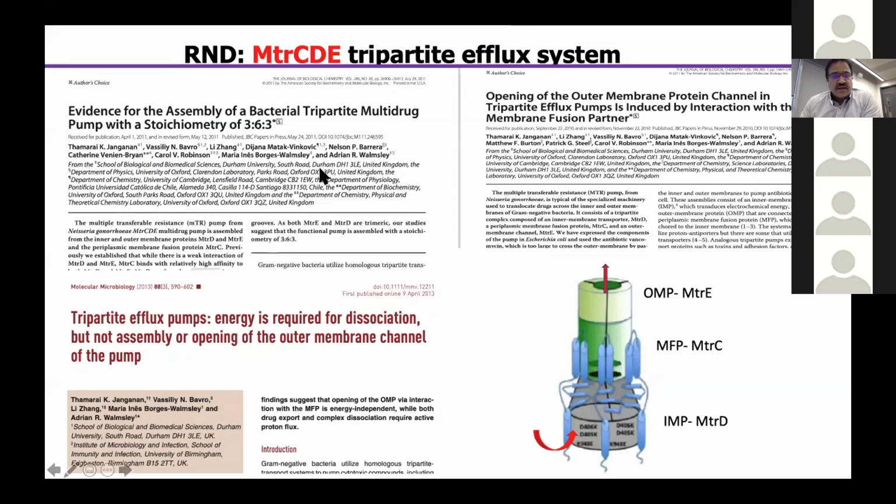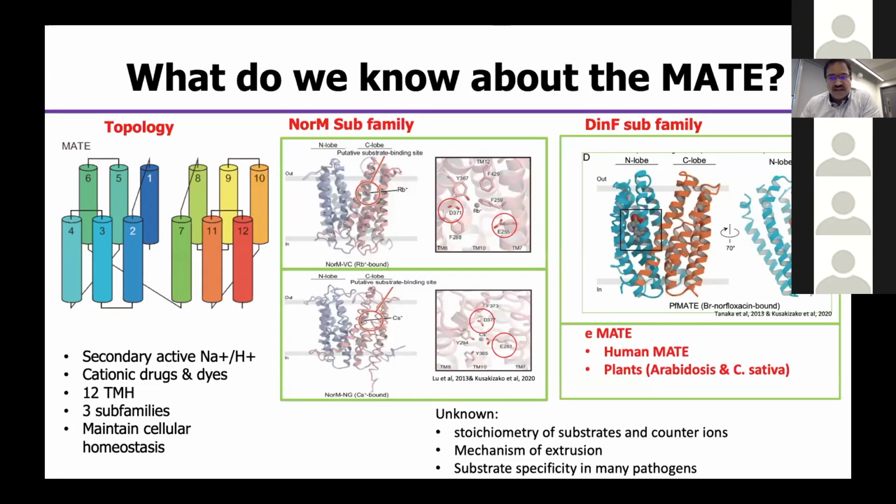This is one of the RND transporters we have characterized from a dangerous pathogen, Neisseria gonorrhoeae, and we have some understanding of how RND transporters work and how they transport substrates. So this is now the time to work on MATE transporters.